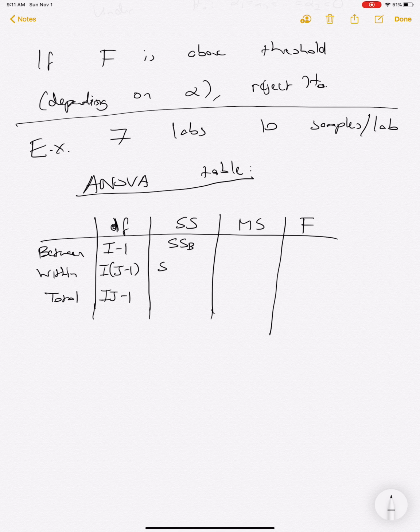The mean squared here is going to be SSB over I minus 1 when we divide by the degrees of freedom, and then this is going to be I times j minus 1. And then the F here is just going to be this ratio that we spoke about.